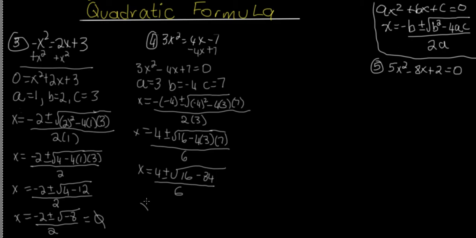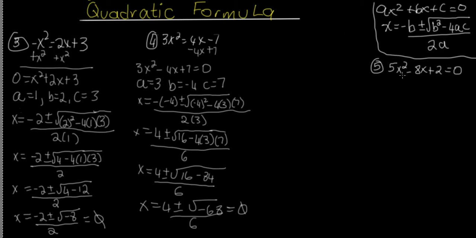So I have x equals 4 plus or minus the square root of -68 over 6. Okay, so this one's just like that one. Again, I have another negative here. When you see you're ending up with a negative square root, you don't need to keep going. That is no real solution.